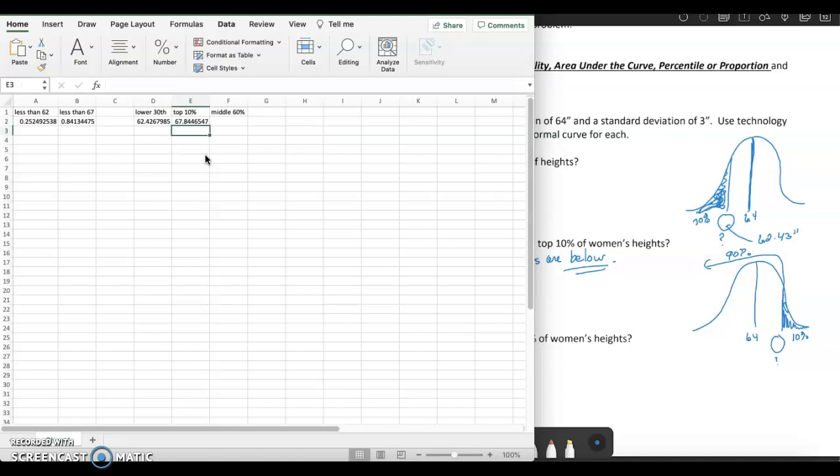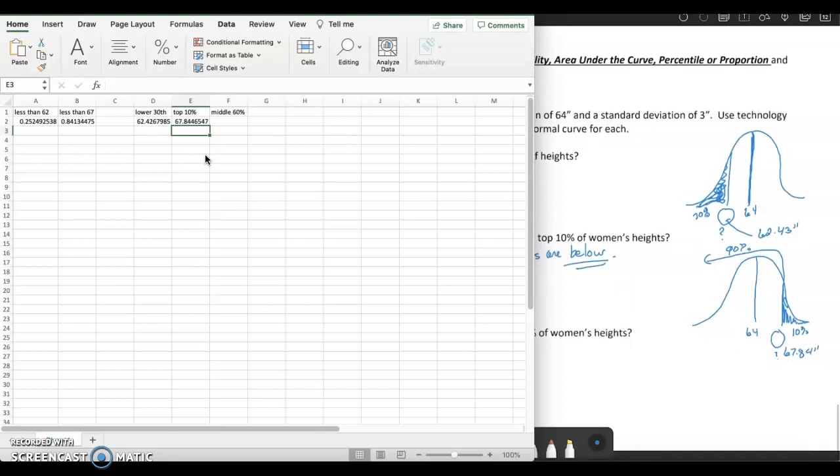Okay, so it looks like this value is approximately 67.84 inches. And if I look over here, that makes sense for that value to be where it is as far as the height is concerned.